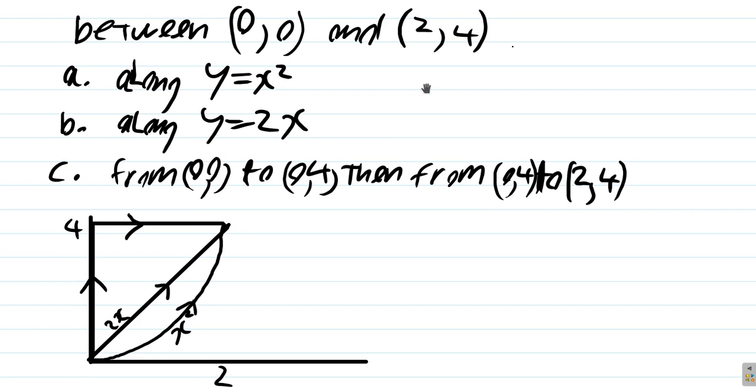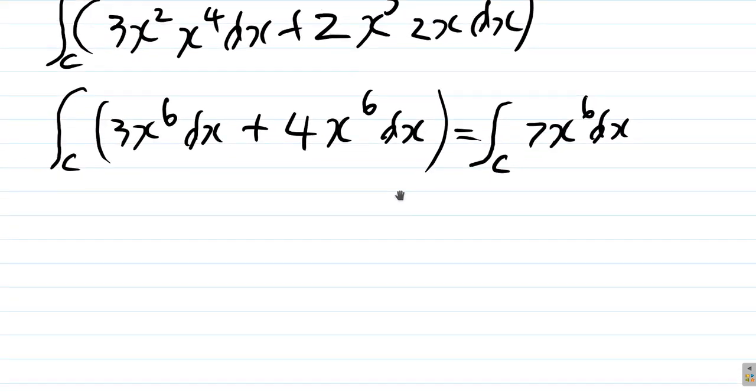So we're really integrating from 0 to 2. We're going from x equals 0 to x equals 2, right? So we can put it on the integral sign instead of just the c. So we're integrating from 0 to 2 of 7x to the 6 dx.